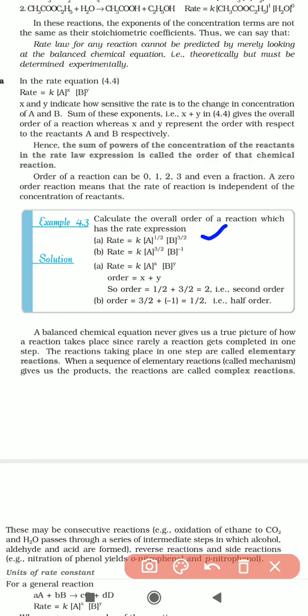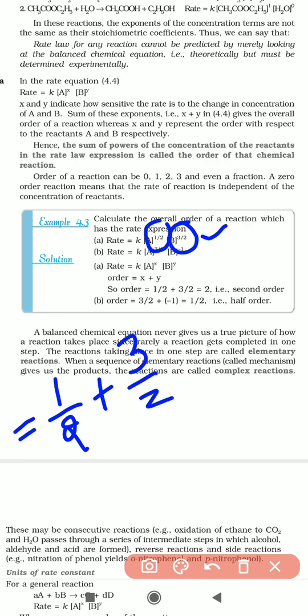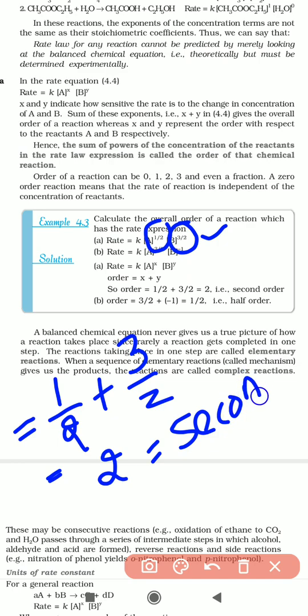A power 1 by 2 is there, B power 3 by 2 is there. Therefore, we add the exponential powers of the reactants: 1 by 2 plus 3 by 2 is equal to 2. So 2 represents the order of the reaction. That means it is a second order reaction.